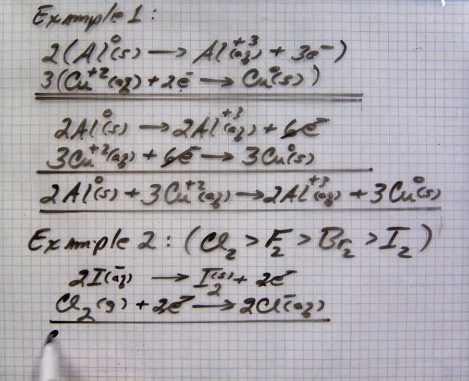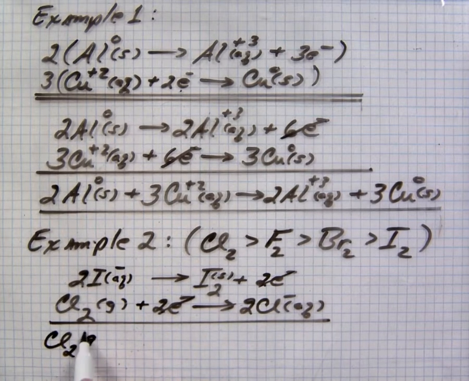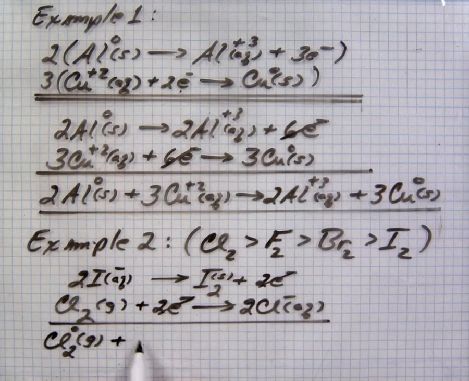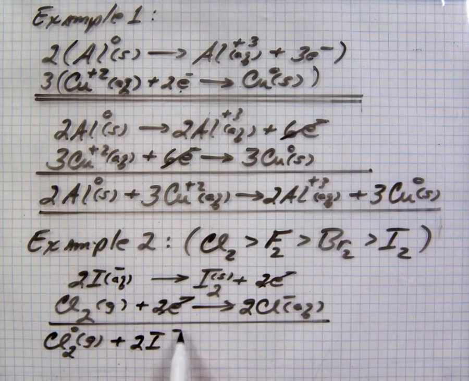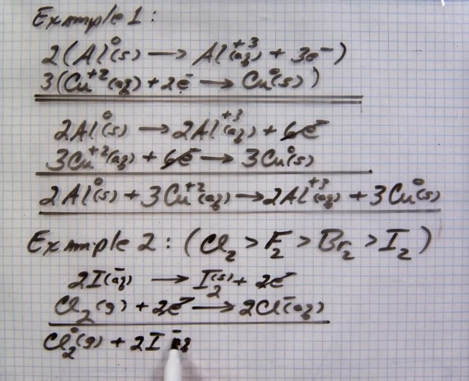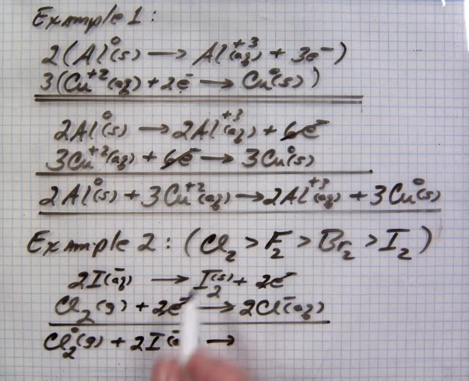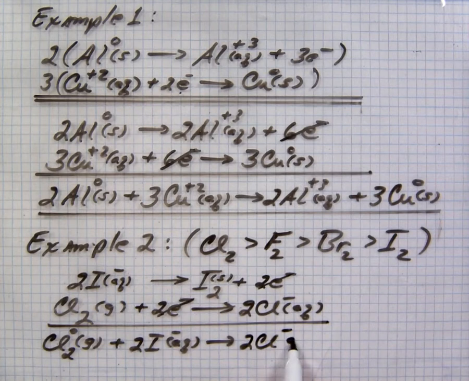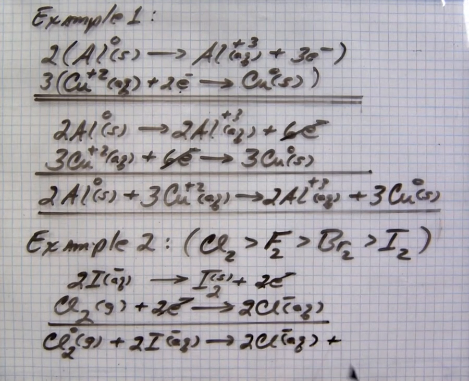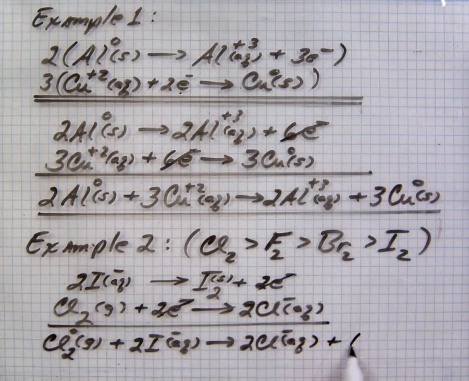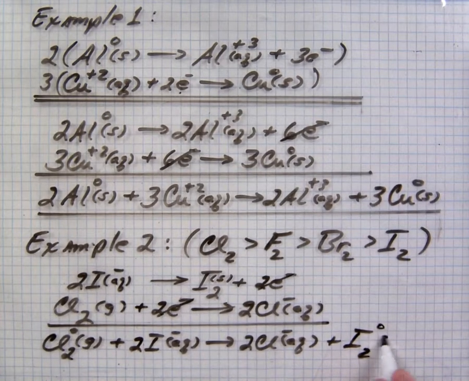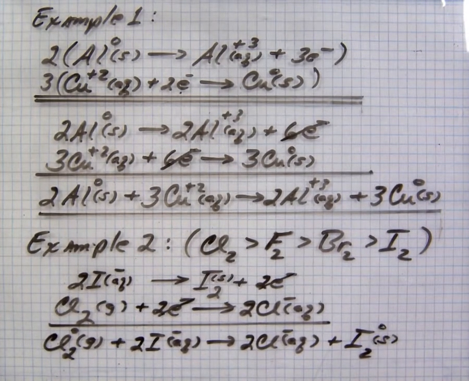We can take Cl2 as a gas, standard state, plus 2 iodide ions to yield 2 chloride ions, plus the iodine in its standard state, which is solid.